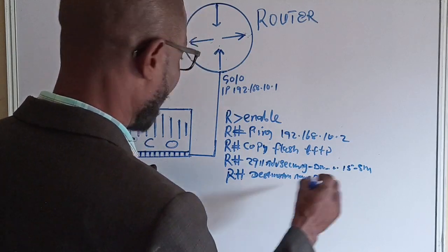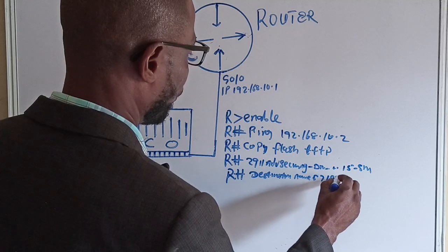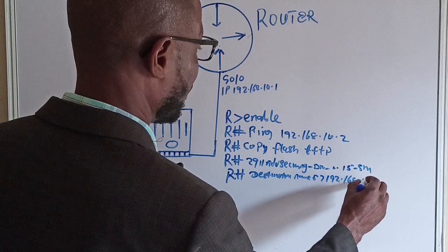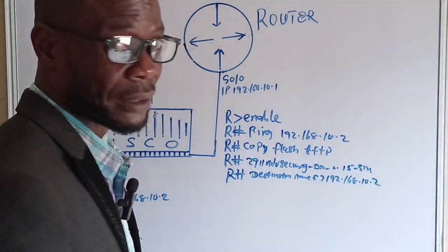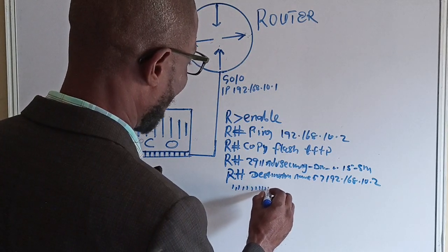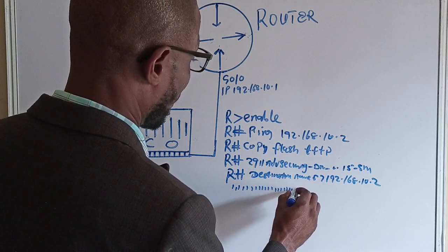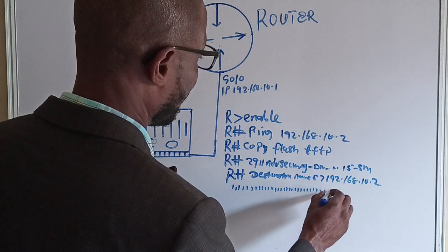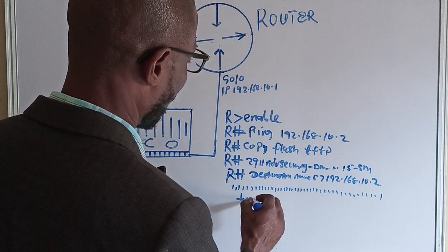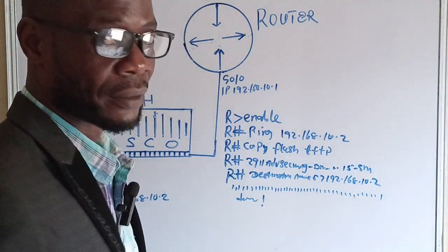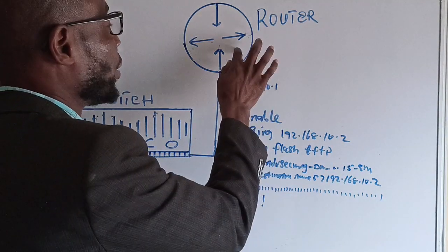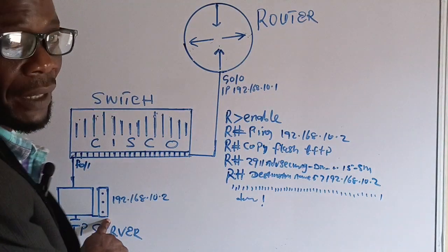Then you type this IP address, 192.168.10.2. You hit enter. Once you hit enter, you see the process of backing up going on. It is copying, and when it is done, you will see it copied. This means you have copied this IOS from the switch or router to the TFTP server.